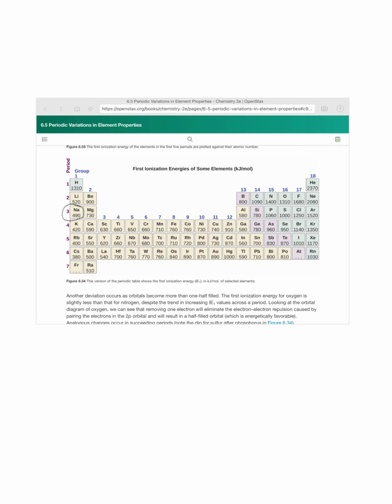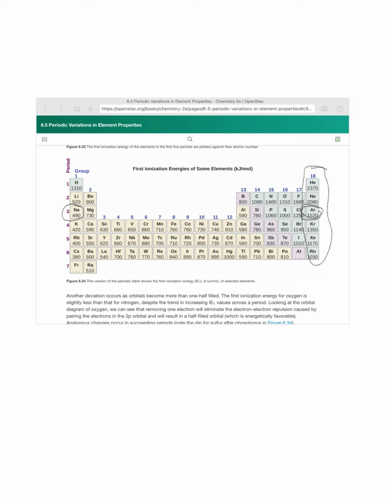So now let's go all the way over to argon in period 3. If you look, it's 1,520 kilojoules per mole. That's much more energy that's required to remove the first electron, and that's why it is very stable.